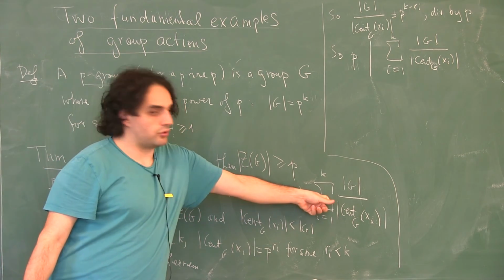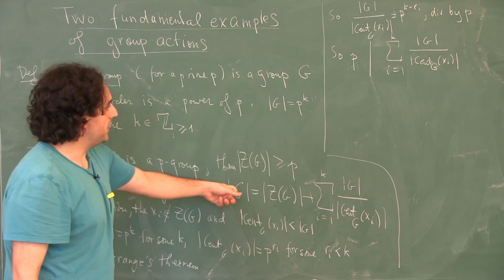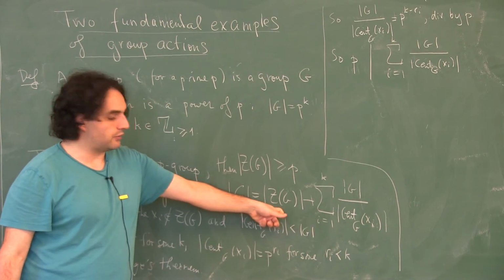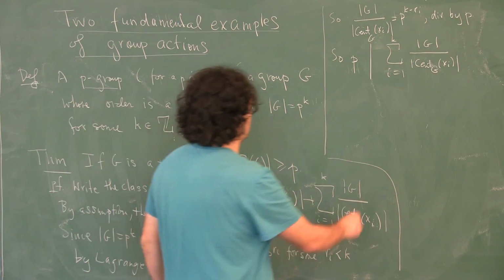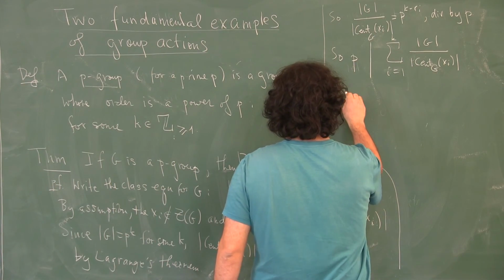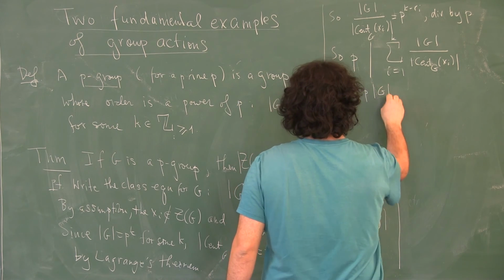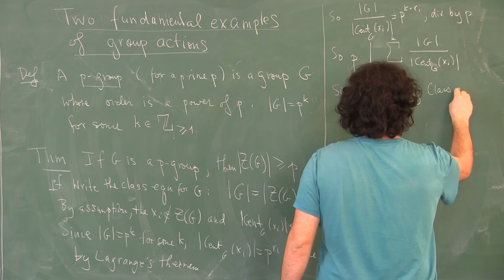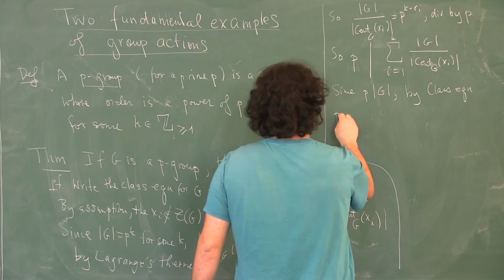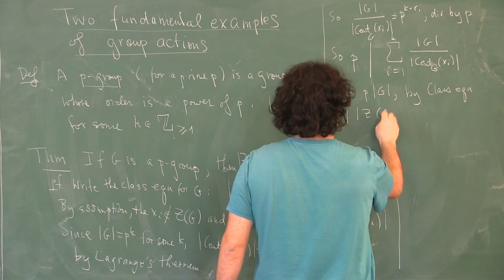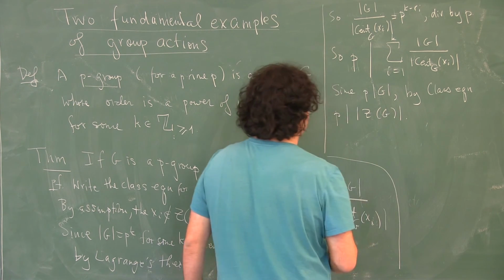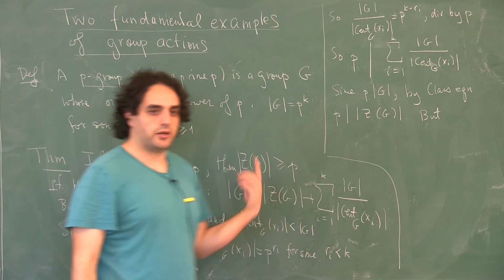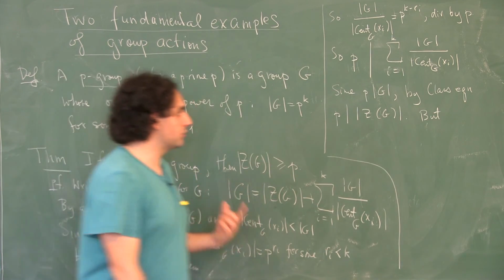P divides this term of the class equation. P divides the order of G. So p must divide the difference, which is the order of the center of G. Since p divides the order of G, by the class equation, p divides the order of the center of G. But there's always one element that we know is in the center.